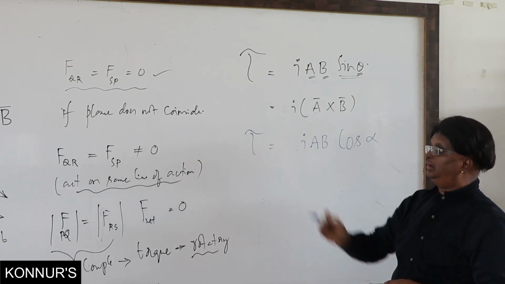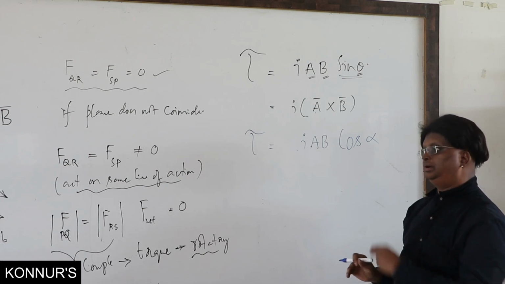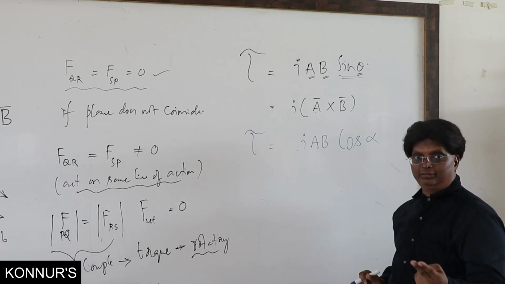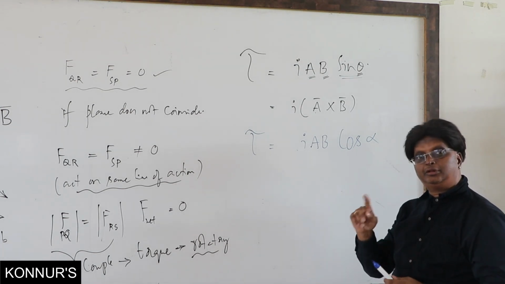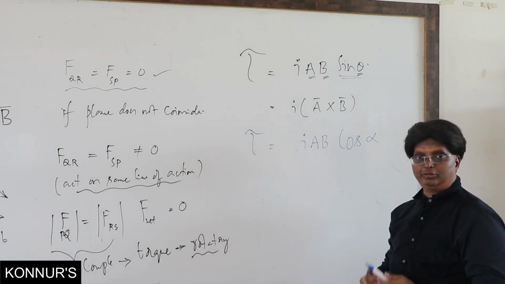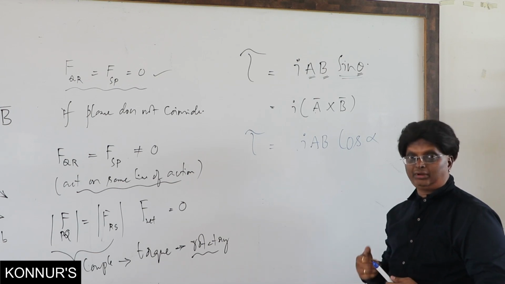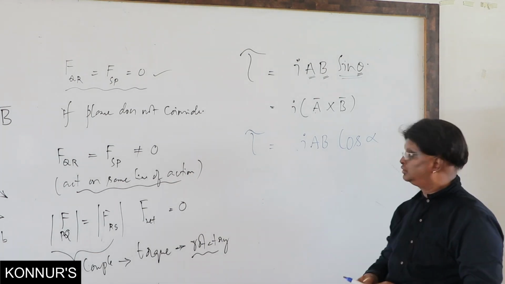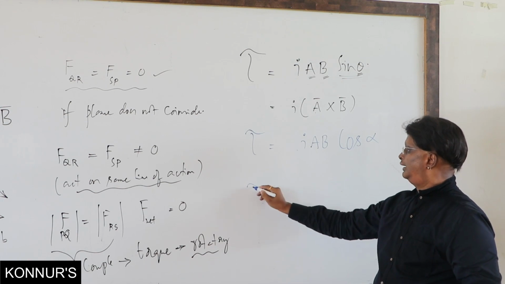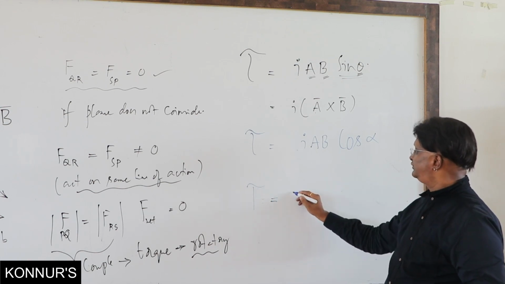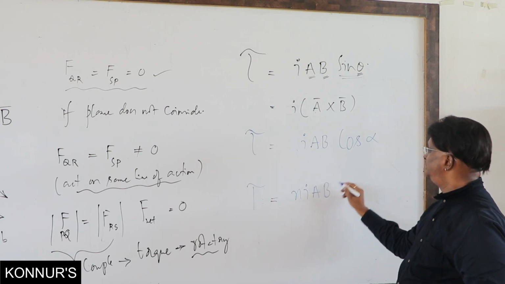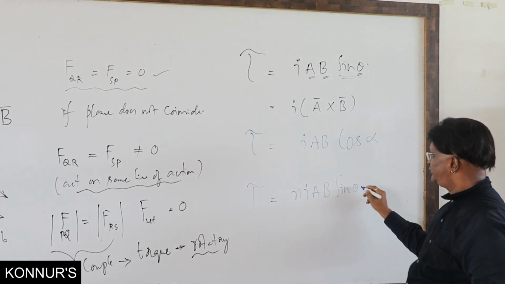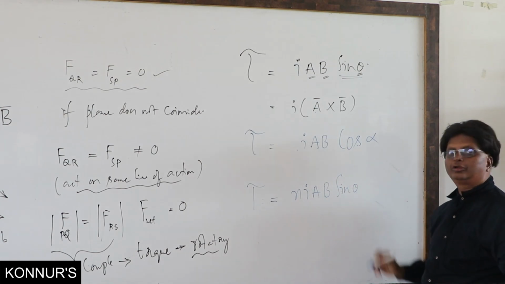Now supposing a loop is replaced by a coil. Last time also we did such examples. What is the difference between loop and coil? A coil is also a loop made up of more number of turns. Therefore, if it is a coil, then tau is equal to NIAB sin theta or else NIAB cos alpha.